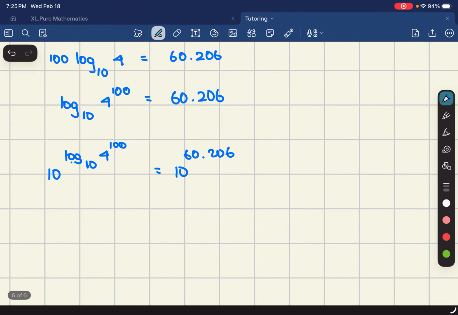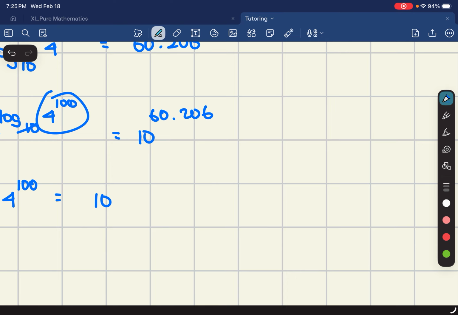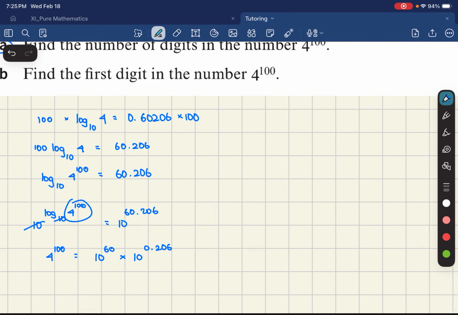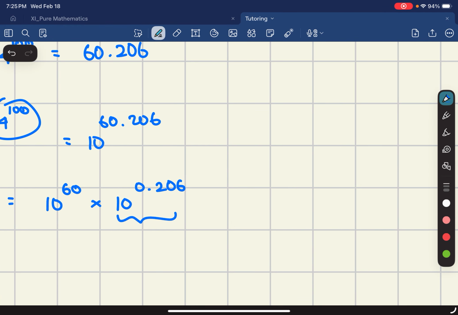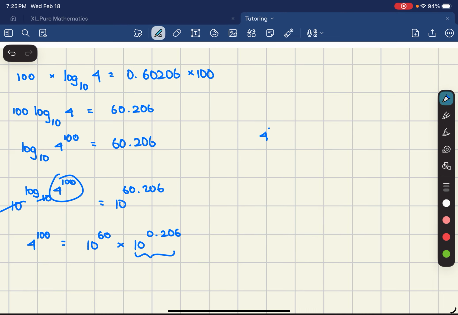And now this simplifies, because 10 and log base 10 cancel, so you get 4 to the power 100 equal to 10 to the power 60 times 10 to the power 0.206. Now, this 10 to the power 0.206 is less than 2. So 4 to the power 100 is equal to 10 to the power 60 times 10 to the power 0.206.